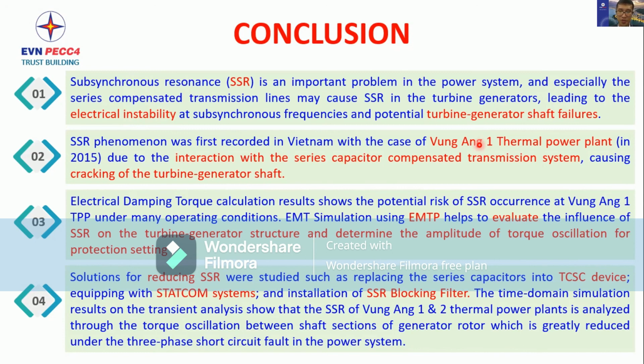The time domain simulation result on the transient analysis shows that the SSR of Vung Ang 1 and 2 thermal power plant, analyzed through the torque oscillation between shaft sections of the generator, is greatly reduced under the three-phase short circuit fault in the power system.